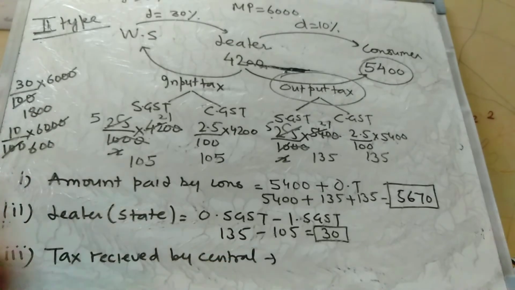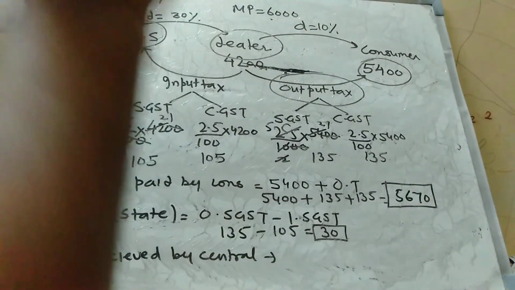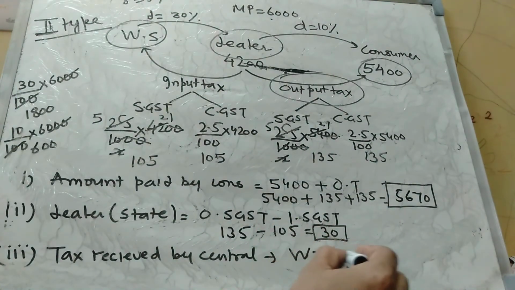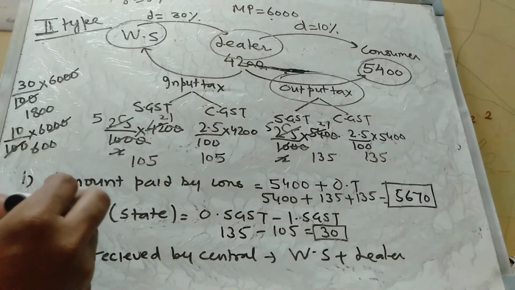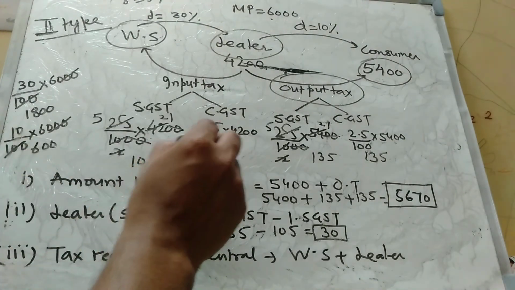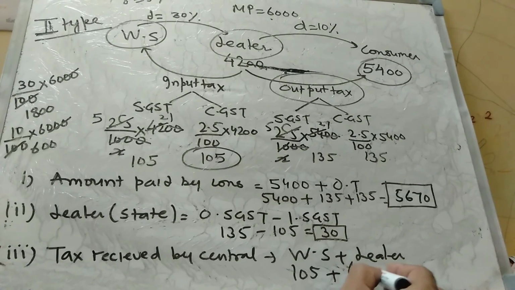So again, the central government will take tax from these two people, the wholesaler and the dealer. The wholesaler will pay tax to the central government, 105, plus the dealer will again pay the difference, output CGST minus input CGST.